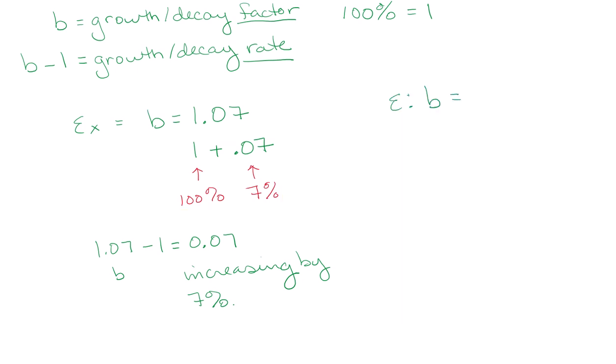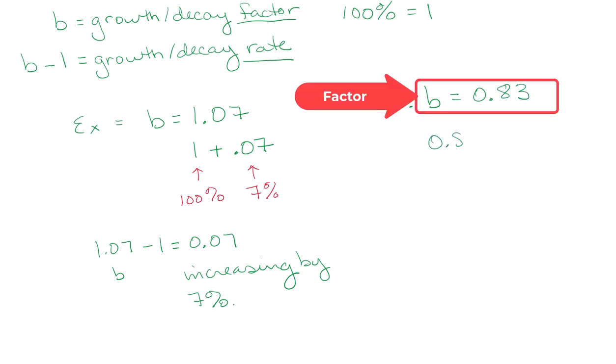Likewise, if our b value is 0.83, well, notice we do not have 100% of the original. As a matter of fact, we have 0.17 less than 1.